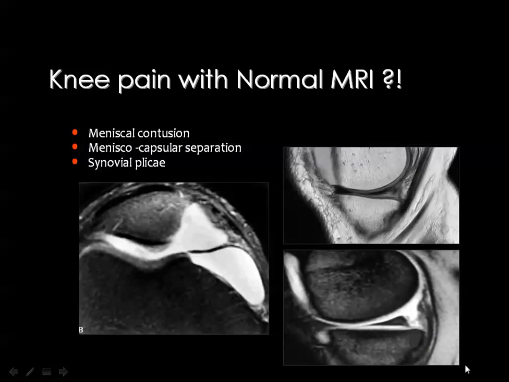And sometimes some clinicians may attribute pain to the presence of a plica. Then, if you want to finish your report about the knee joint, you can look for the presence of patellar plica, suprapatellar plica, or medial plica. Then you may mention it in the report.